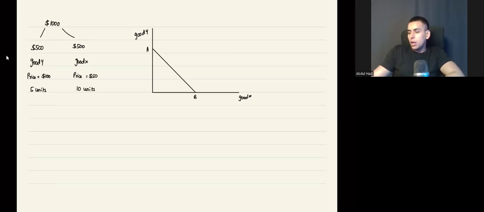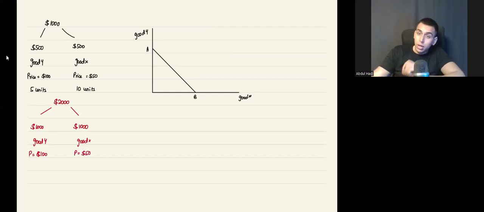Now, let's say my income rises and I'm earning $2,000 a month. The price level is still the same, but now I can allocate $1,000 to good Y and $1,000 to good X. The price of good Y is still $100 and the price of good X is $50.